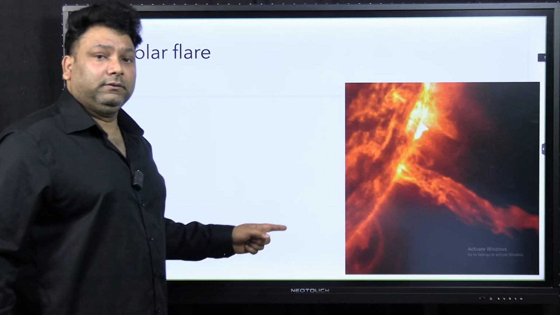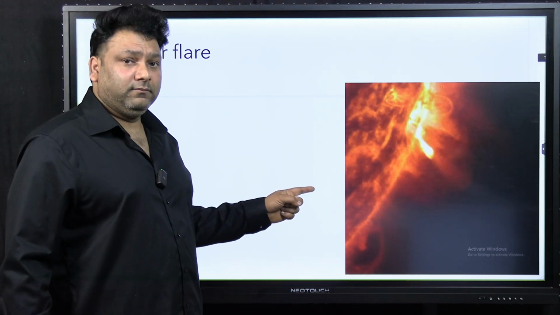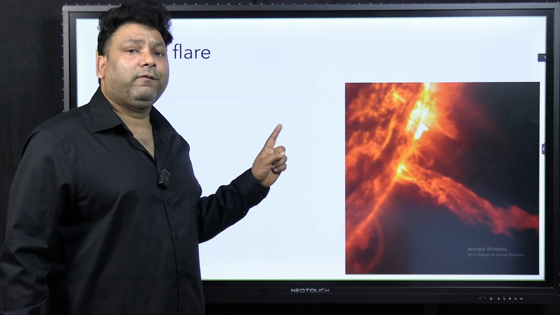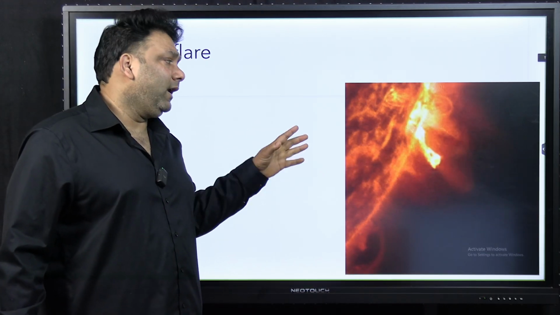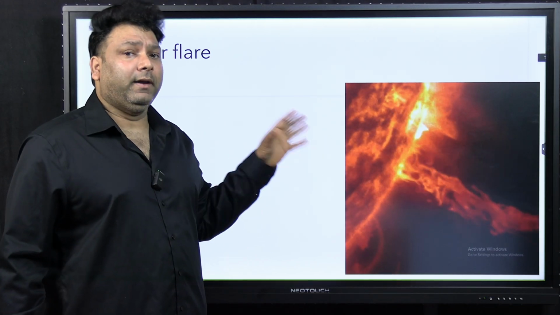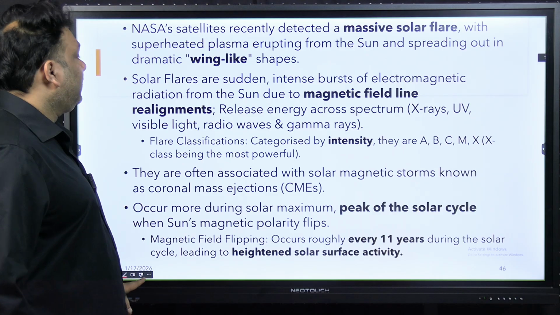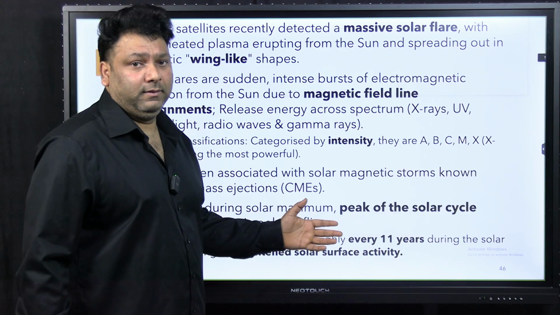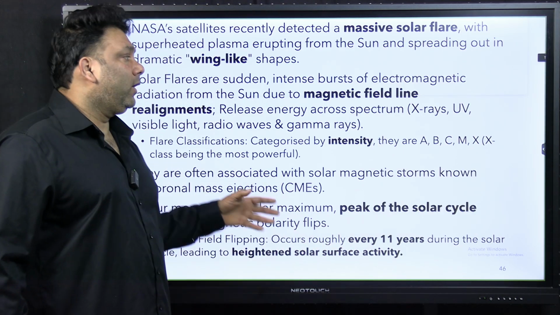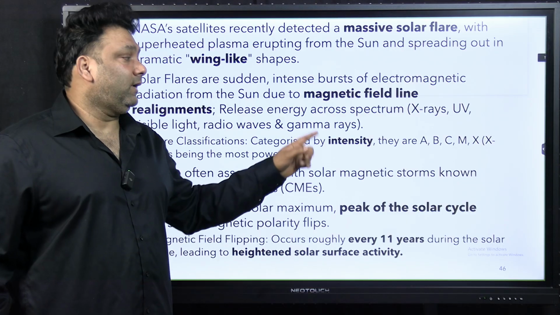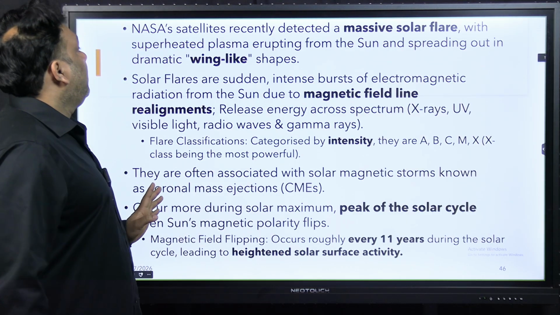It is nothing but it happens because of convection. So whenever a solar flare comes, a very large amount of energy is emitted. Then what is the difference between the solar flare and CME? CME is coronal mass ejection. That I will show in the next slide.